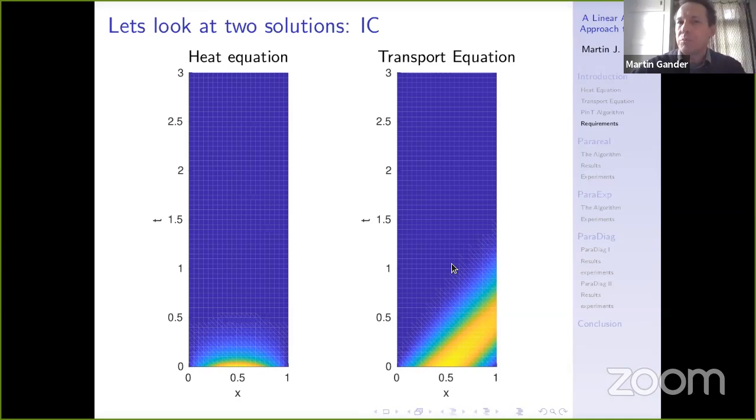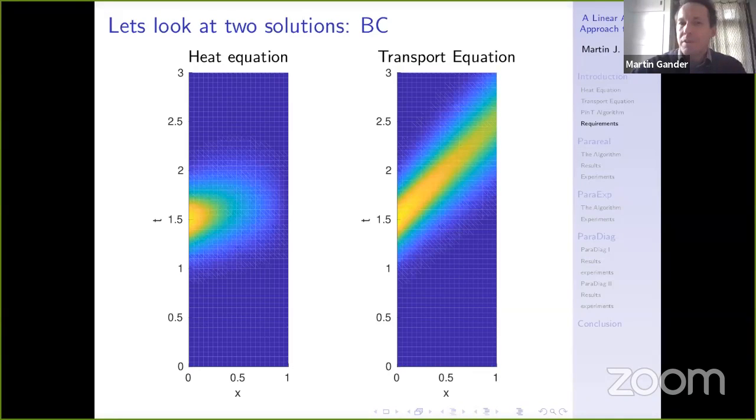It's the first property that we would like to have. If we put a boundary condition, the heat equation with a boundary condition here, it has a very local influence on the solution. Nothing is influenced here later in time. So this is also very easy to parallelize. The transport equation is a bit less local, but it also leaves the domain here. So it also remains very local in time to calculate.